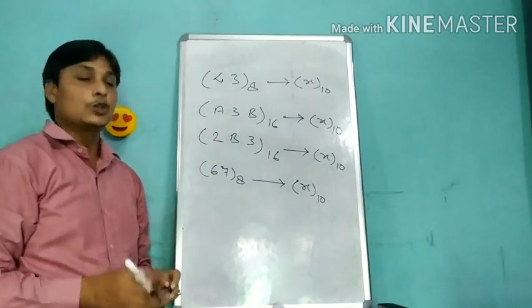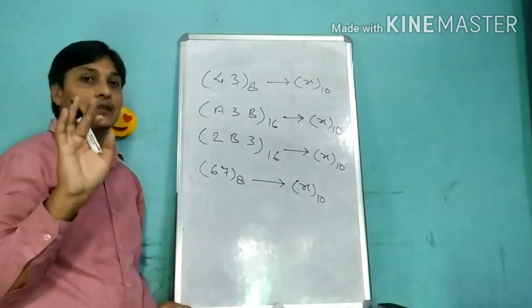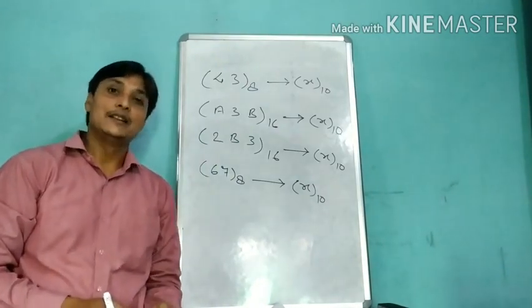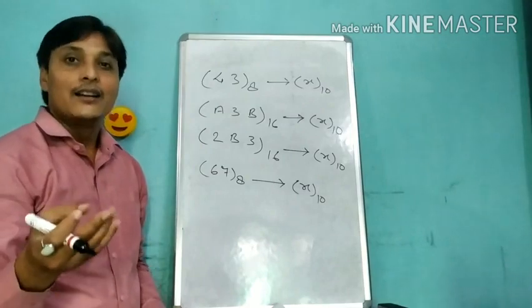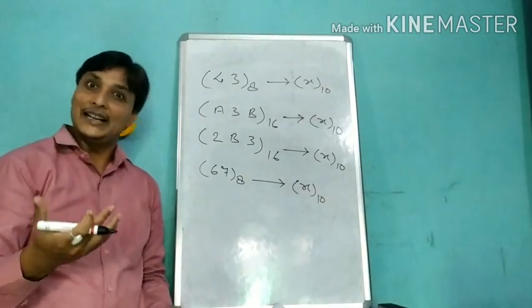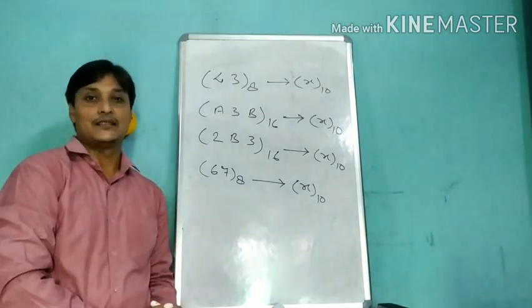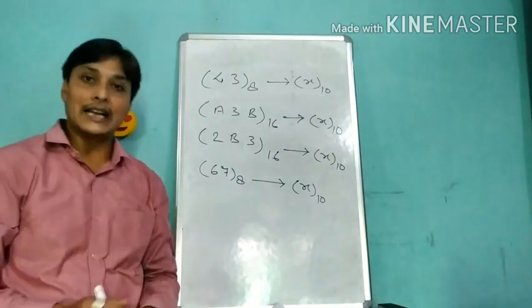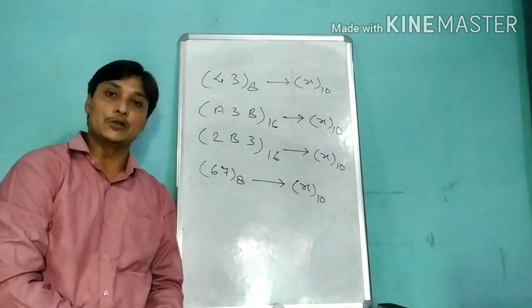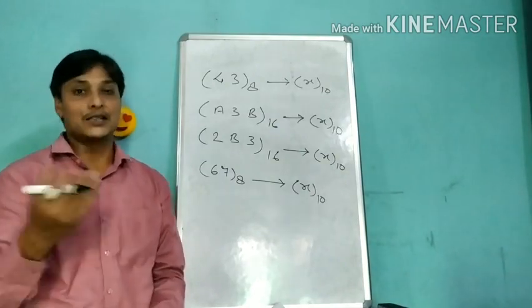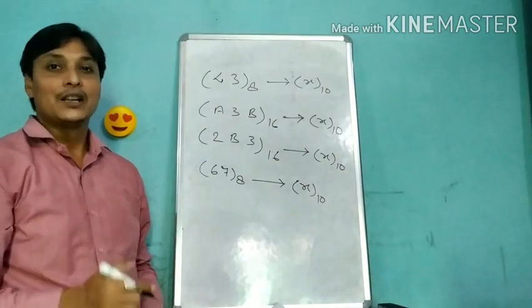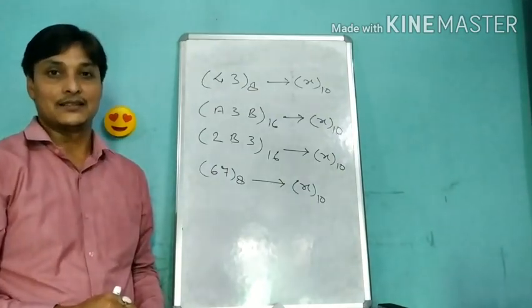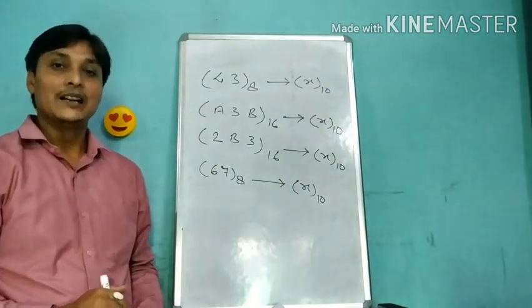Is that clear? So it was the lecture about the number systems where we saw binary, decimal, octal and hexadecimal. I hope we have cleared all types of conversions: binary to decimal, decimal to binary, octal to decimal, decimal to octal, hexadecimal to decimal and decimal to hexadecimal. Is that clear? Thank you, student.